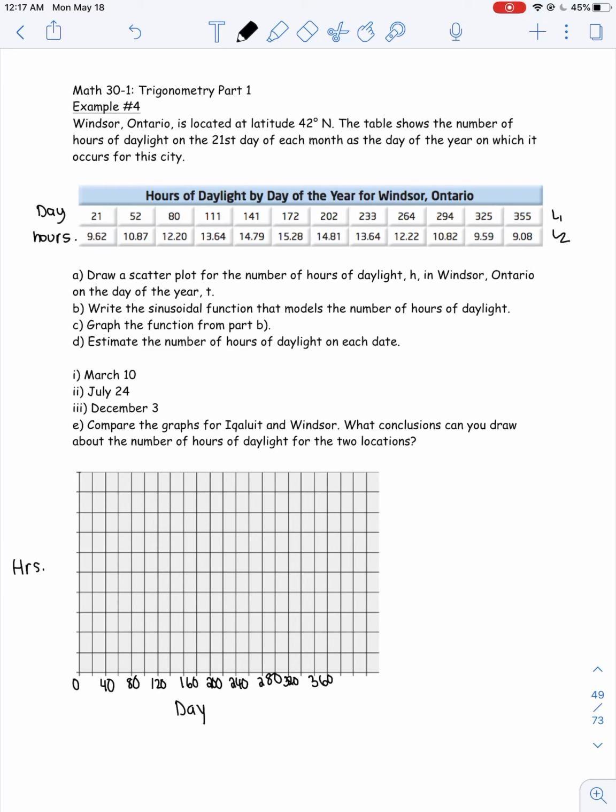That would be enough for that one. We only have values up to 355, so we can stop there. And then we're going to go up by 5s along the y-axis.